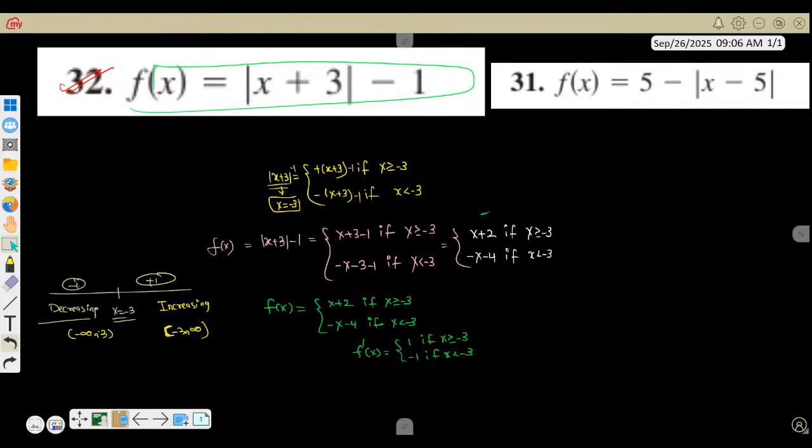Because you made x plus 3 equal to 0, by setting the inside part of the mod equal to 0. So if you set the inside part equal to 0, you will get x equals 5. Right. So for x greater than or equal to 5, this bracket will be positive, or for x less than 5, this bracket will be negative. And then solve it.